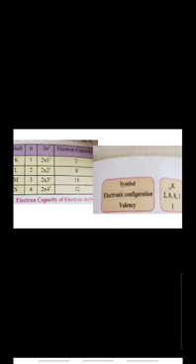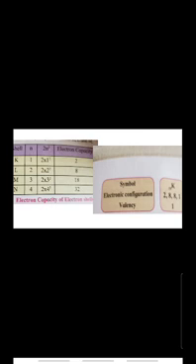For example, if you take the example of potassium, the atomic number is 19. Its electronic configuration will be 2, 8, 8, 1. That means in the first shell, it can have 2 electrons. Second shell, it can have 8 electrons.